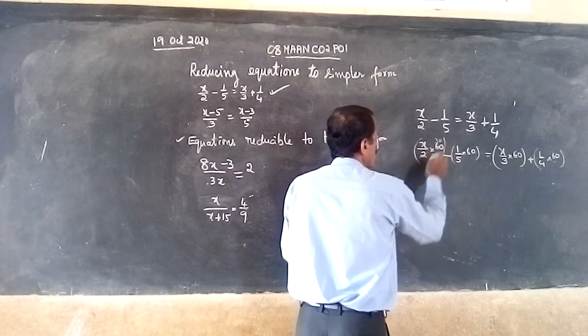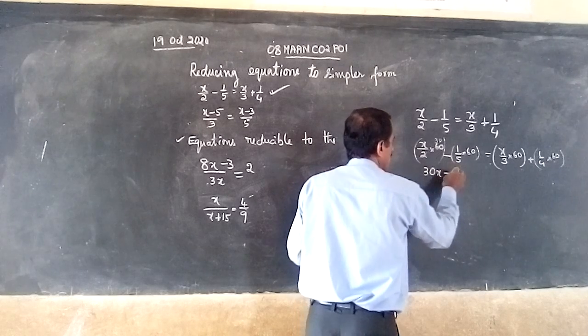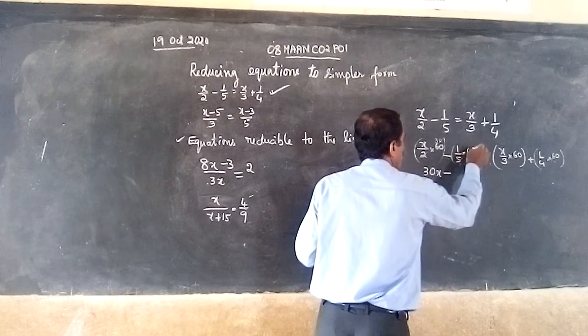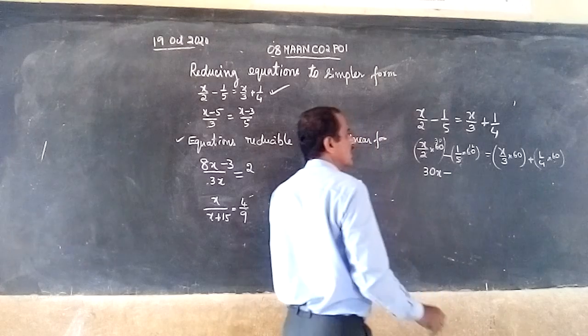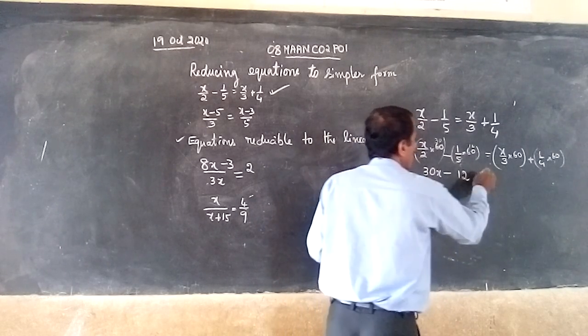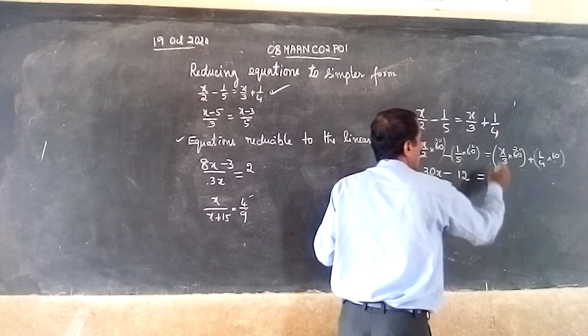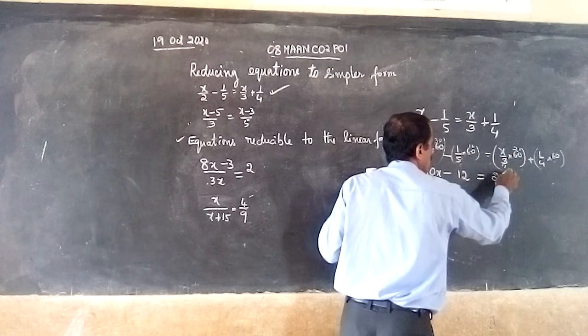So x into 30 becomes 30x, minus 5 ones are 5, 5 twelves are 60, so minus 12. Then 3 ones are 3, 3 twenties are 60, so x into 20 is 20x.